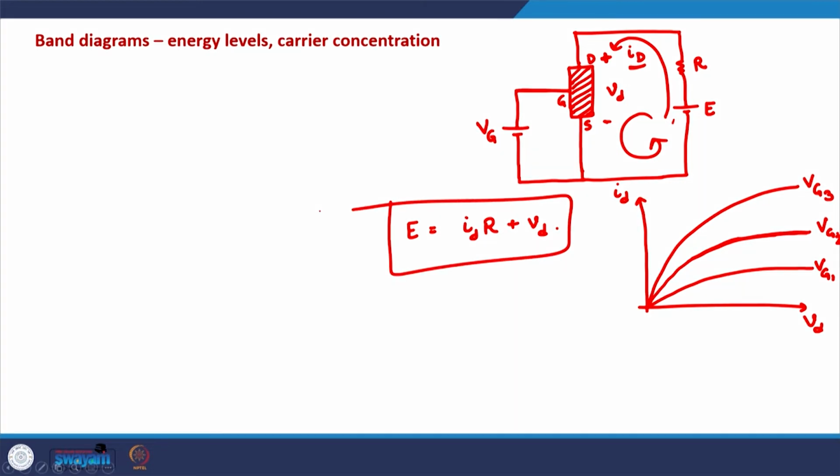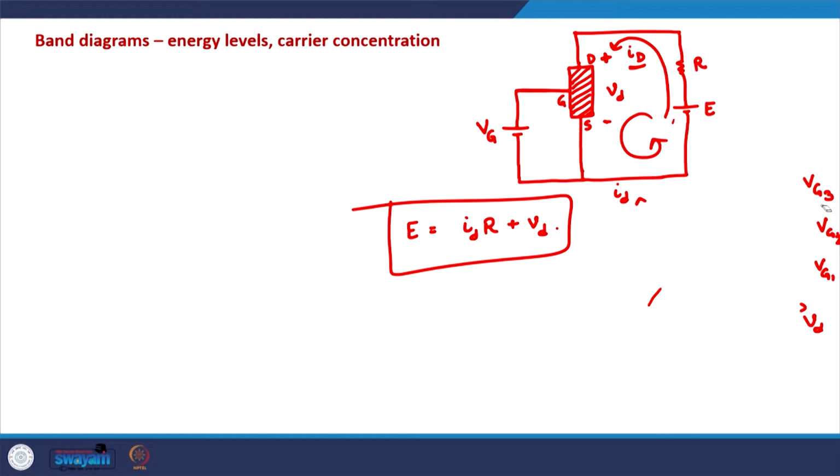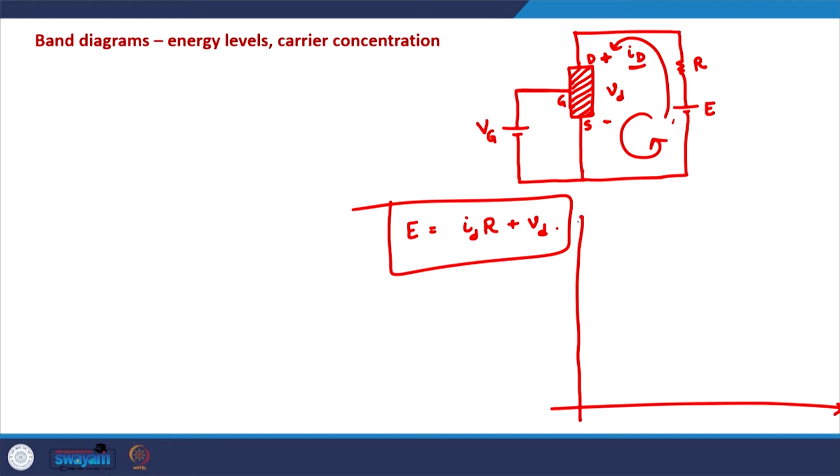Let me redraw this in a proper space. This equation, the KVL in this closed loop, means that this ID and VD will always satisfy this constraint. This is the basic constraint that the ID and VD need to satisfy.